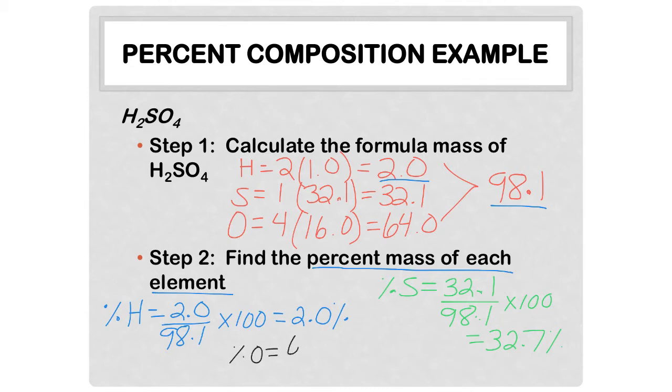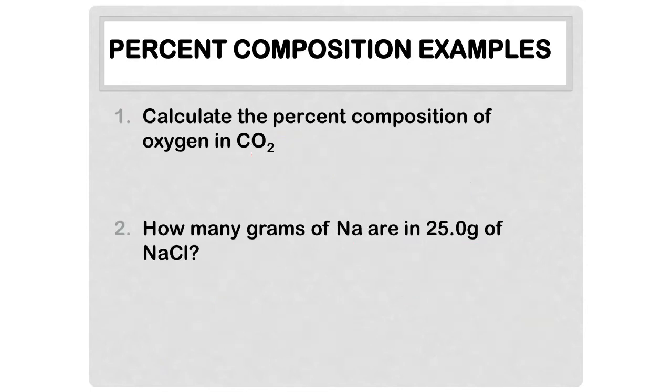So we take the mass of all 4 oxygens divided by the mass of the whole compound times 100. Kind of running out of space on this one. And that would give us 65.2%. So again, normally we would just be asked for one element, but this one wanted us to find it for all 3 of the elements.